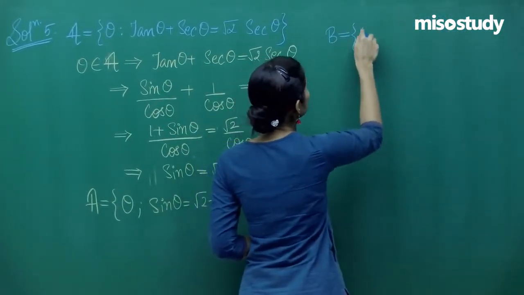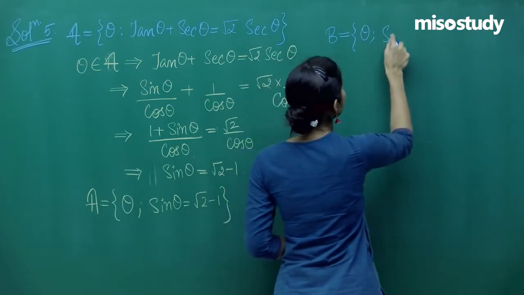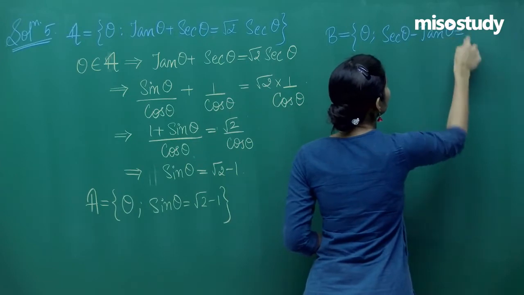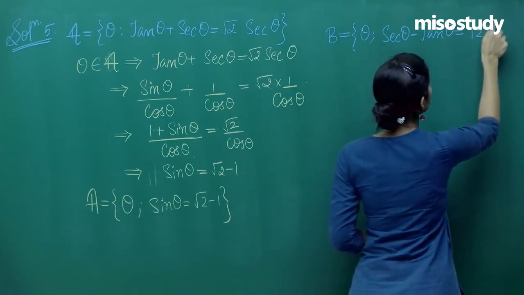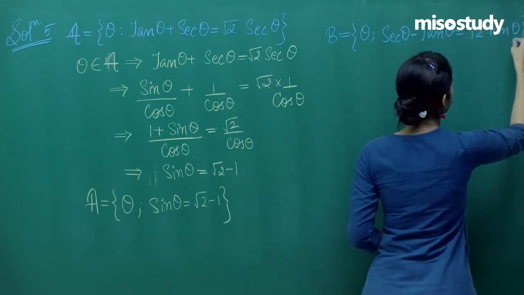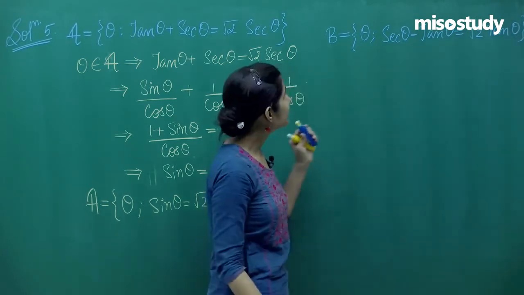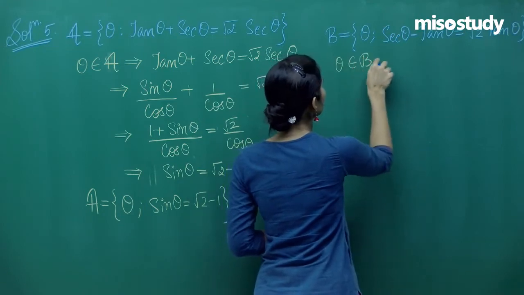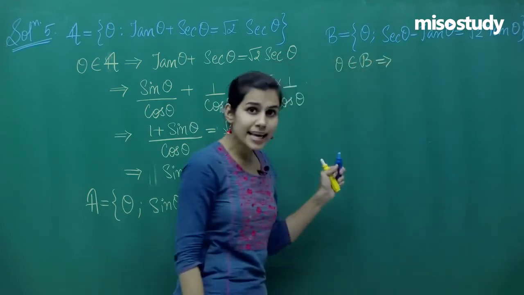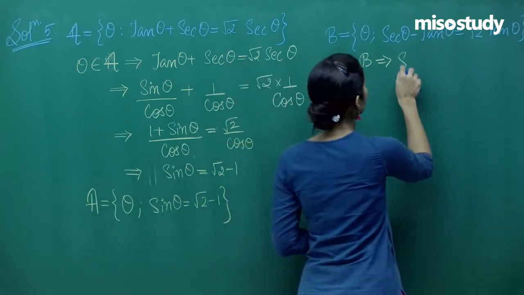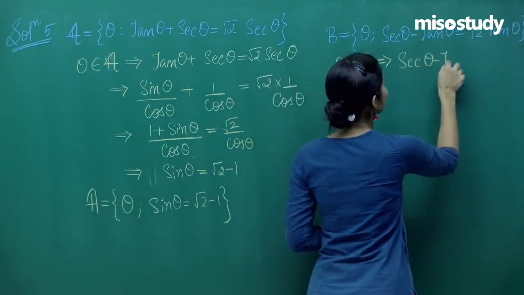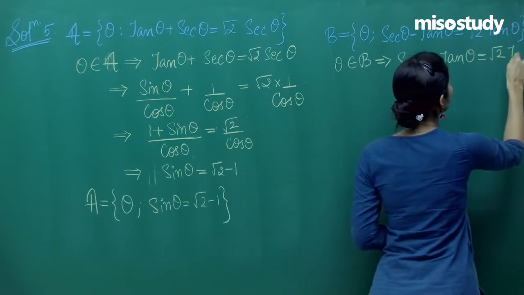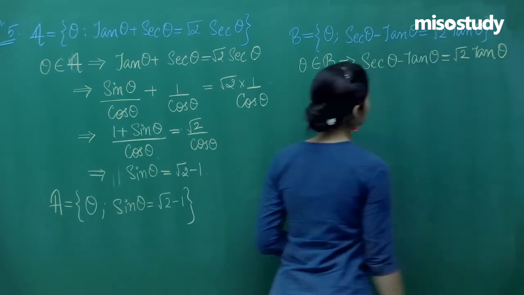Again, if a theta belongs to the set B, this implies sec theta minus tan theta is equal to root 2 times tan theta.